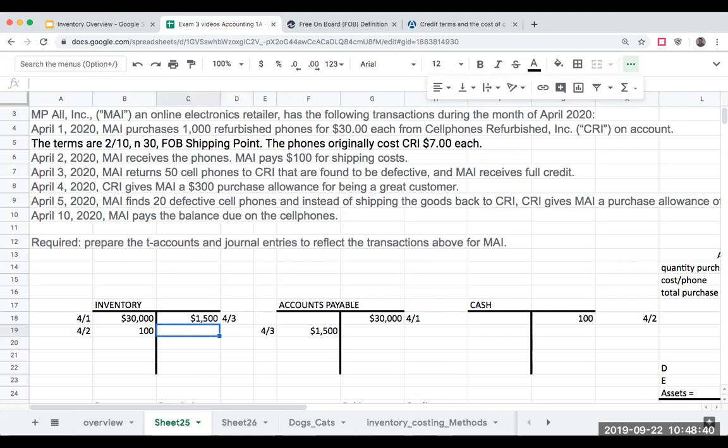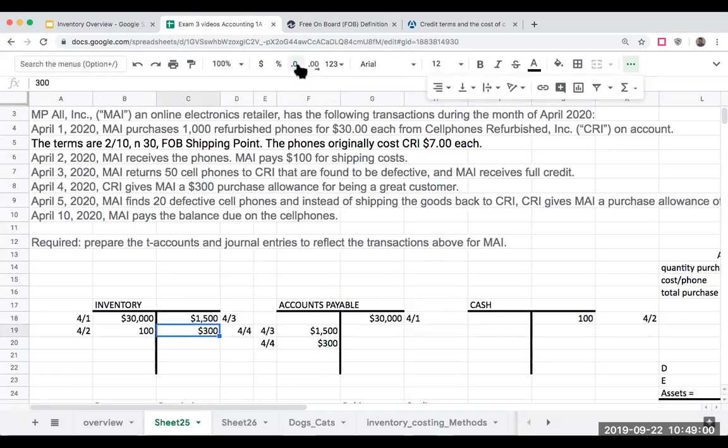So I'm going to credit inventory for 300 and also credit accounts payable for 300, on April 4th. So again, this is how I record it into the T accounts. That's what a purchase allowance is.